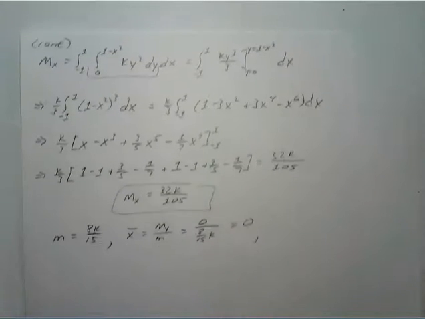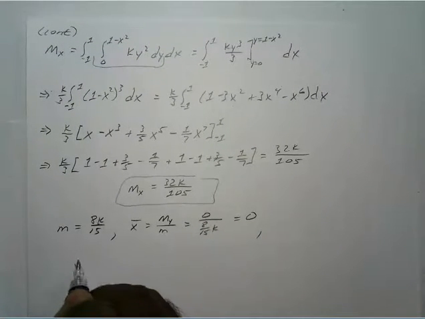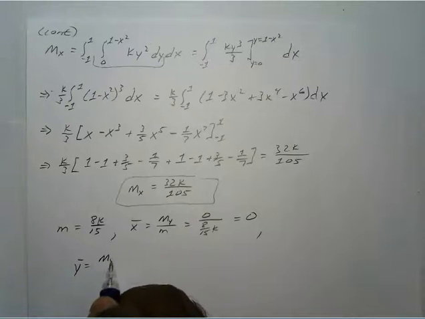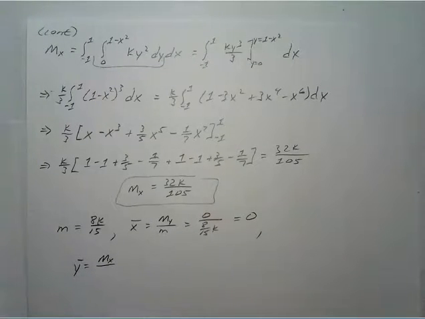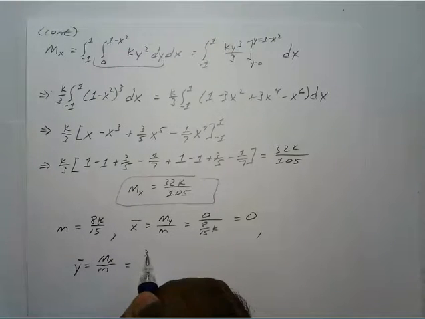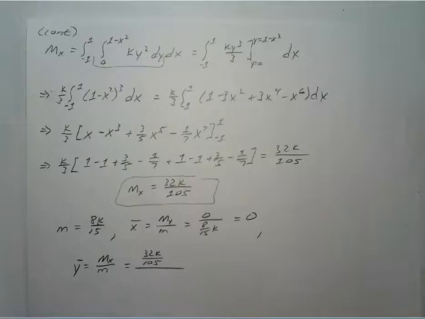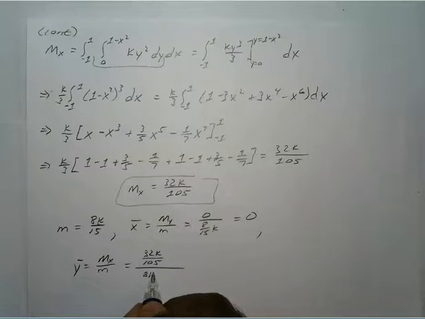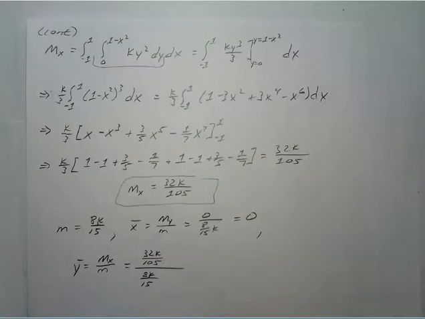Okay, so now our y bar, which is our moment of mass with respect to the x-axis divided by our mass, is equal to 32k divided by 105 divided by 8k over 15.